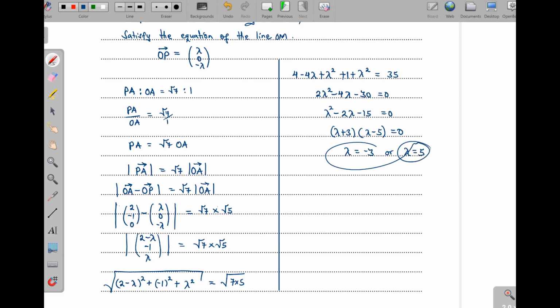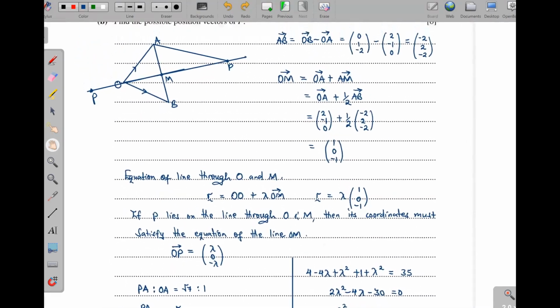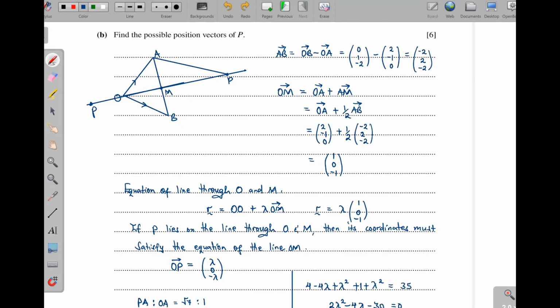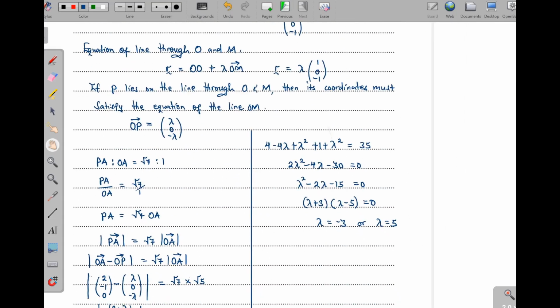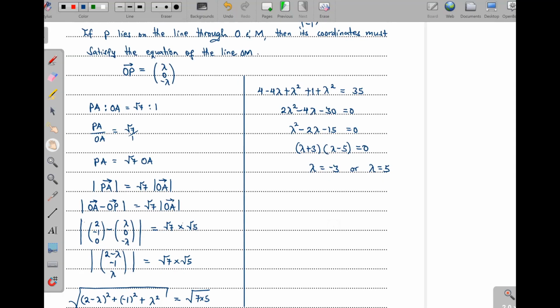Now for these two values of lambda, we can get the two position vectors of P. So that's why I said it can be here or it can be here. Okay? Not necessarily here or maybe this other side, but wherever on this line here. So we can now proceed and we say, for each of these two values, what do we get? Now for lambda equal to -3, what is OP?